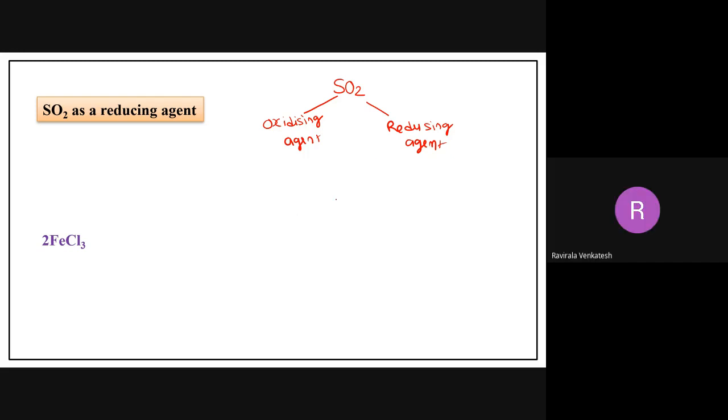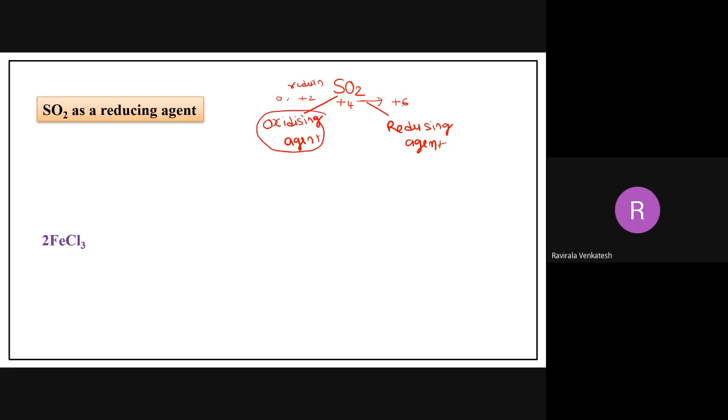Very good. Because it is having an intermediate oxidation state, that is +4. +4 can convert into +6. Again, +4 may convert into +2 or 0 also. If +4 converts into +2, we call this reduction, so it is called an oxidizing agent.